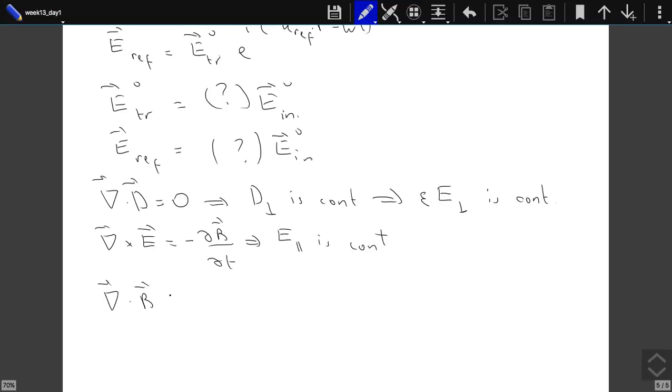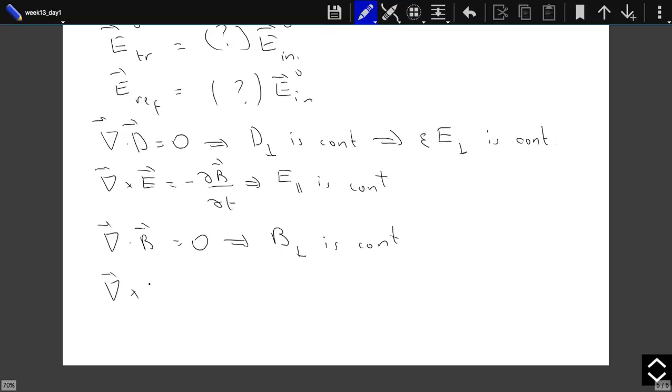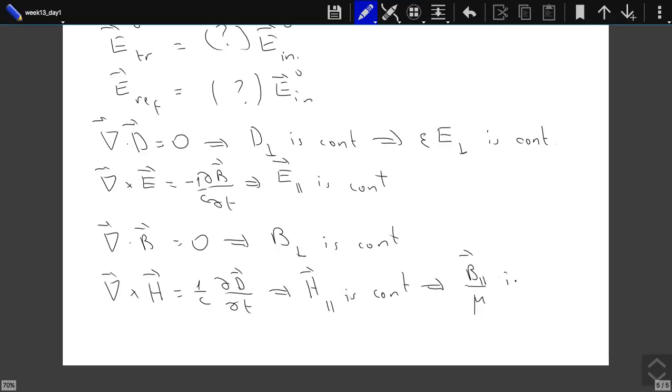Del dot B is equal to 0, which tells me that B perpendicular is continuous. And curl of H is equal to 1 over c del D by del t, which tells me that H parallel is continuous, or B parallel over mu is continuous. So these are the conditions that my waves should satisfy at all times, at every point on the interface.